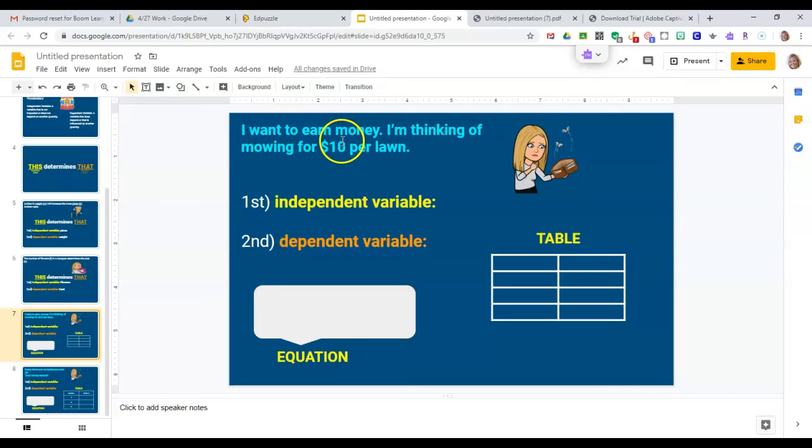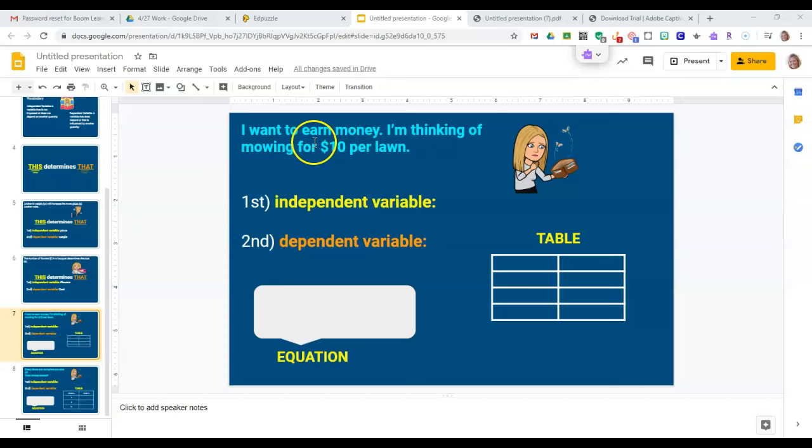I want to earn money. I'm thinking of mowing for $10 per lawn. Okay, so mowing for $10 per lawn. So let's look and see which one is our independent variable first and our dependent variable.